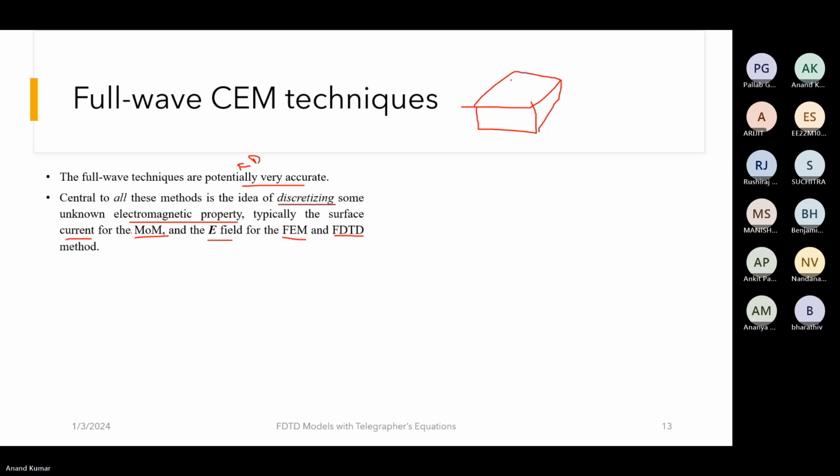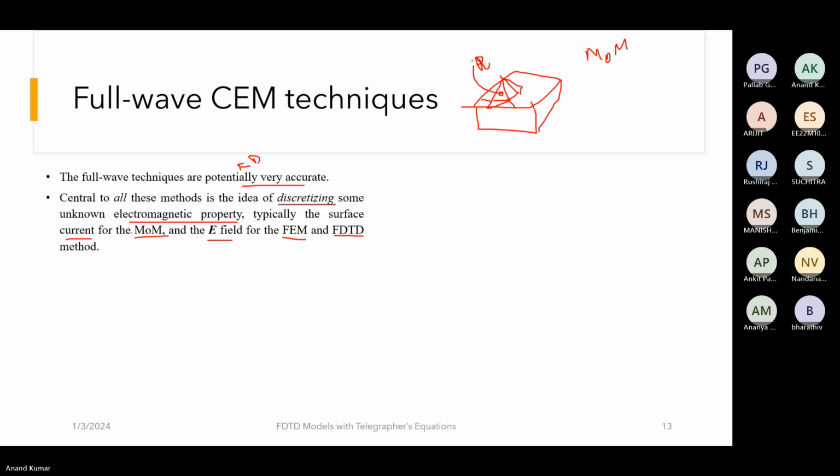If you're using the method of moments, then you will discretize the surface using triangular or tetrahedral meshes. And on each of these elements, you'll try to evaluate the surface current.